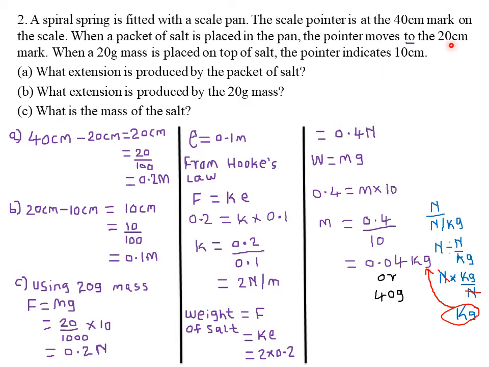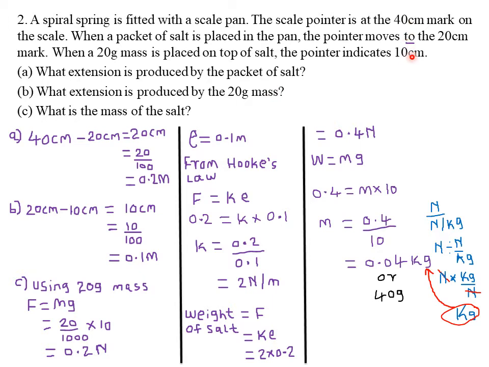So when the 20 gram mass is added, initially the spring is at the 20 centimeter mark. But when you add the 20 gram mass, the spring now moves to 10 centimeter mark. So that means the extension is actually 20 centimeter mark minus 10 centimeter mark, which is 10 centimeters. So remember, we are not taking the 40 centimeter mark minus the 10 centimeter mark as our extension.